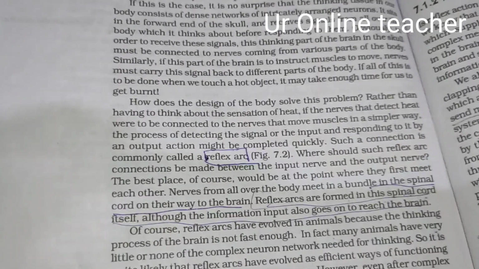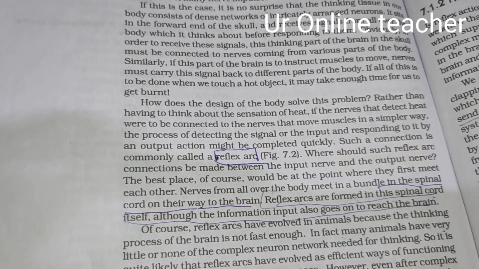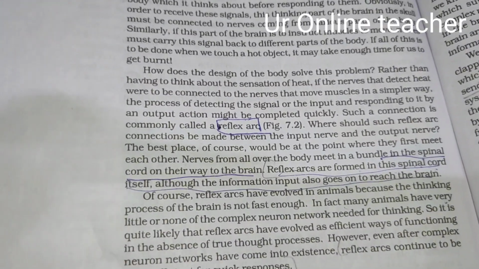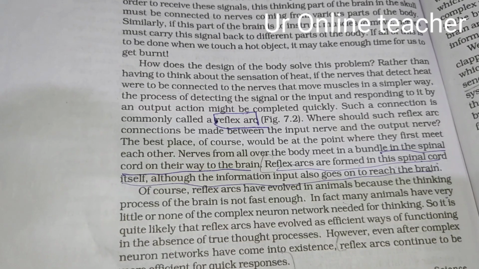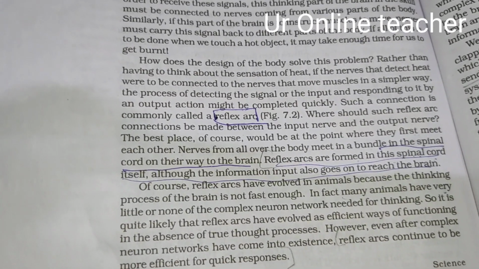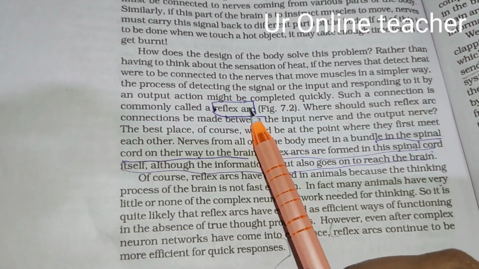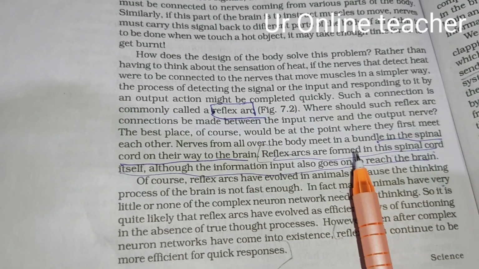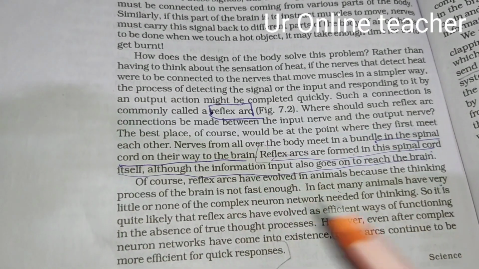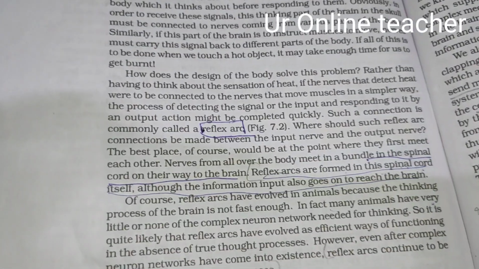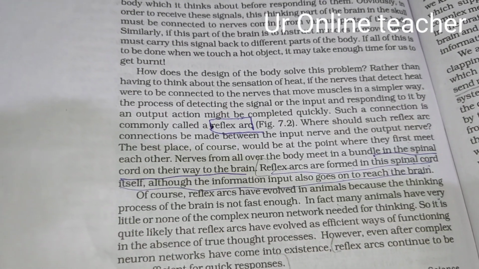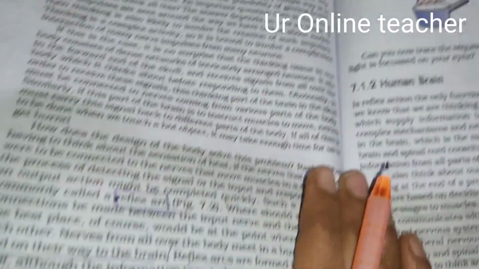But before it reaches the brain, it reaches the spinal cord where the action takes place, because it would take more time to go to the brain and take action. So for quick responses, the reflex arc takes place and the impulses are carried to take off the hand.